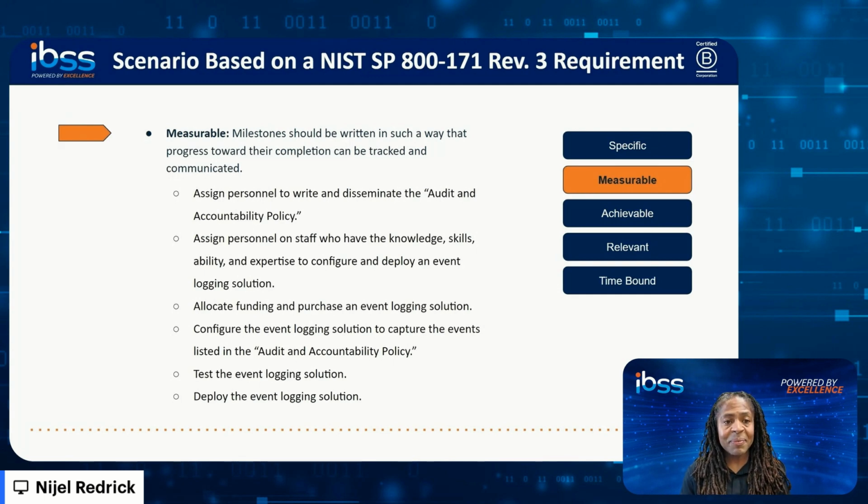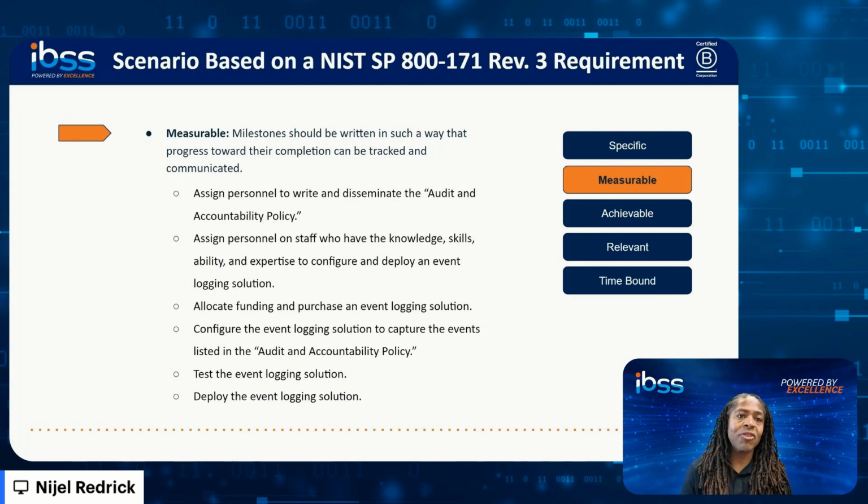In addition to the funding, that's one step, but we actually have to purchase the event logging solution. And then next, from an operational standpoint, the engineers need to configure the solution in order to capture the events that have been specified in the audit and accountability policy. And then the event logging solution should be tested and ultimately deployed.